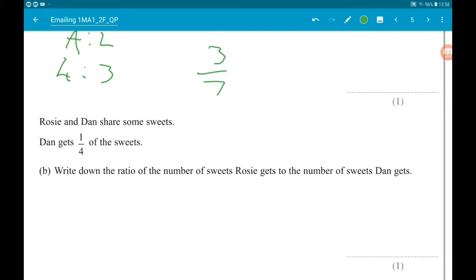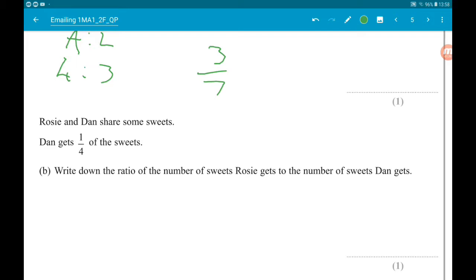Okay, then for part B, we're told Rosie and Dan share some sweets. Dan gets 1/4 of the sweets. We want to write down the ratio of the number of sweets Rosie gets to the number that Dan gets.